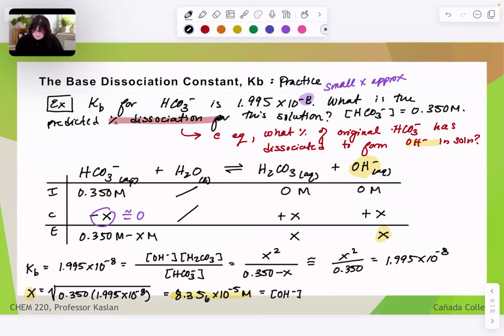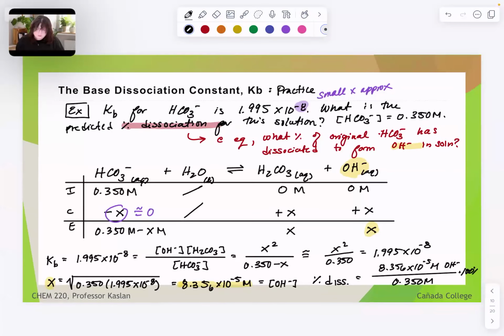So then percent dissociation is going to be the 8.356 times 10 to the negative 5 molar hydroxide that was generated as a result of the dissociation over the 0.350 molar original concentration that was not dissociated times 100%.